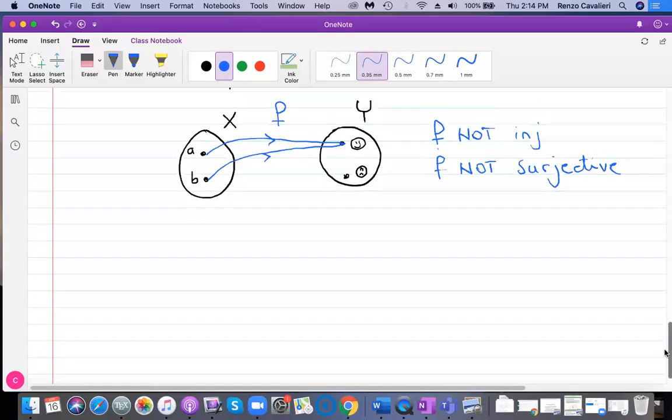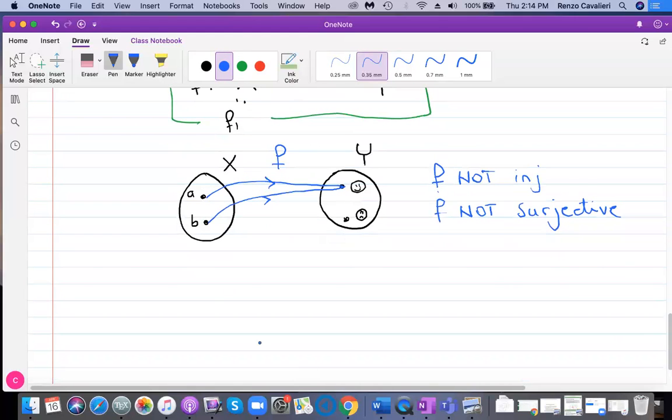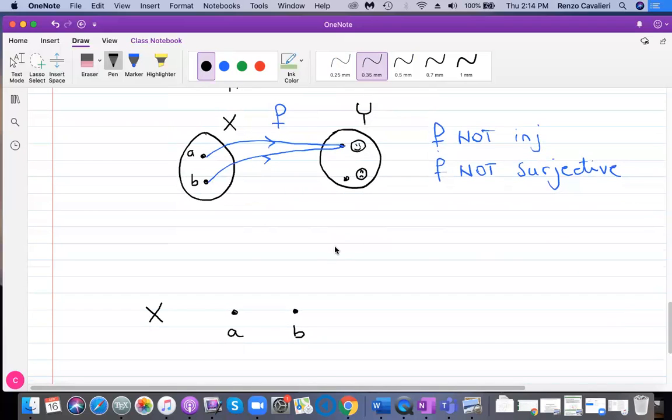Okay, but what I can do is the following. I can pretend this is calc 1, and write the elements a and b of x horizontally, and the elements frowny and smiley of y vertically.